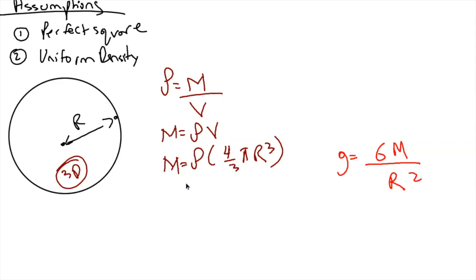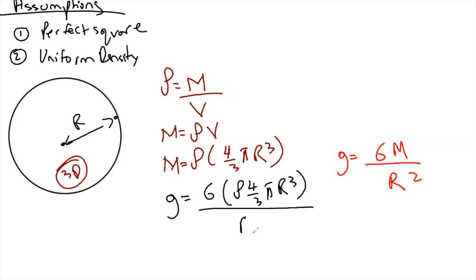And I'm going to end up with g is equal to G rho 4 by 3 pi R cubed. And we have R squared down here. If we have an R here and an R above, I can cancel them out, right? So we have R left here.